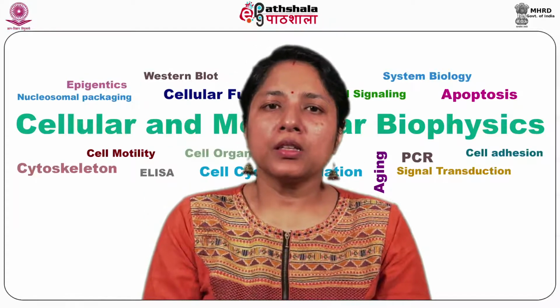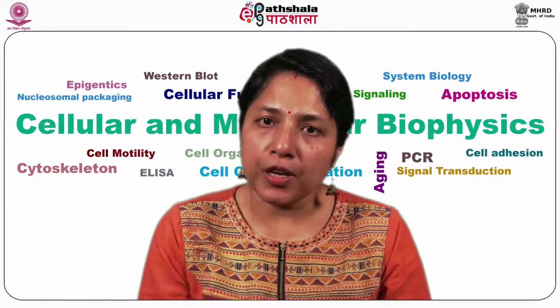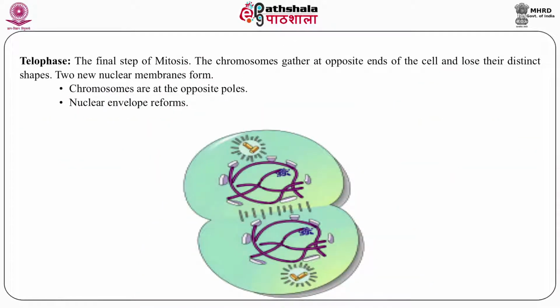And after this is done, we reach telophase, the final step of mitosis. The chromosomes gather at opposite ends of the cell and lose their distinct shape. Two new nuclear membranes form. Chromosomes are at the opposite poles and the nuclear envelope reforms, dividing the nucleus into two parts.